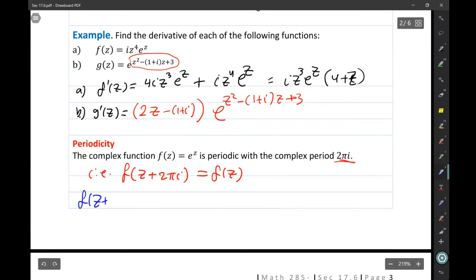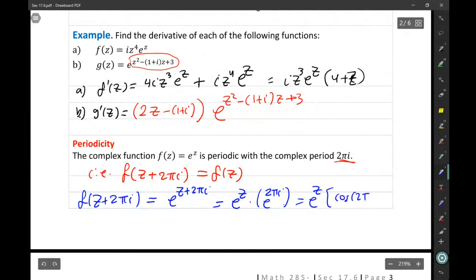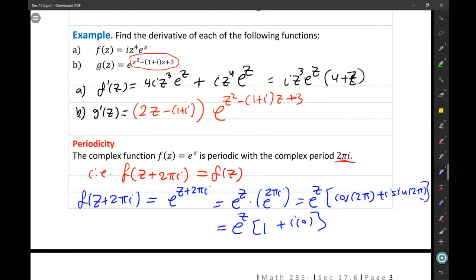Why? Because f of z plus 2 pi I is equal e to the power z plus 2 pi I, which is equal e to the power z times e to the power 2 pi I. e to the power 2 pi I is cosine of 2 pi plus I sine 2 pi, which is equal e to the power z times cosine of 2 pi, the same as cosine of 0, which is 1, plus I times 0, since sine of 2 pi is equal 0.